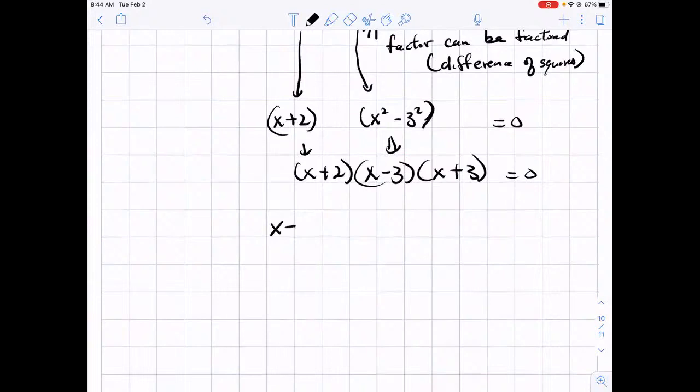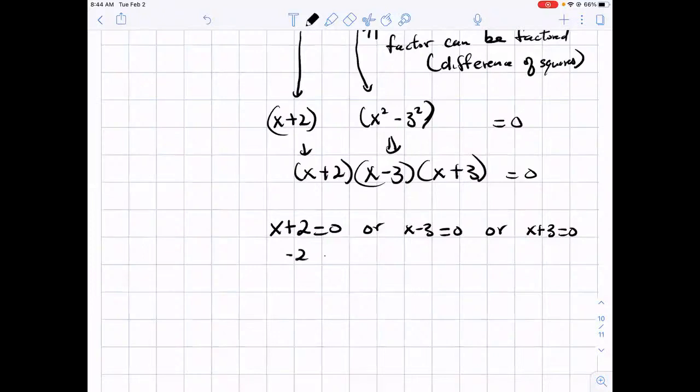So now x plus 2 is equal to 0, x plus 3 is equal to 0, and x plus 3 is equal to 0. And generally we say or, since we're solving. It should have been an or, because we're looking for solutions.